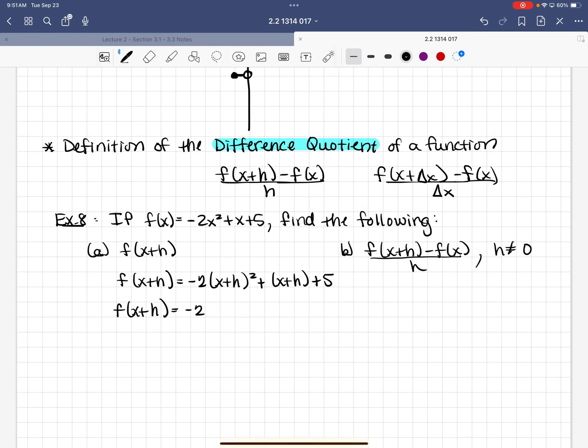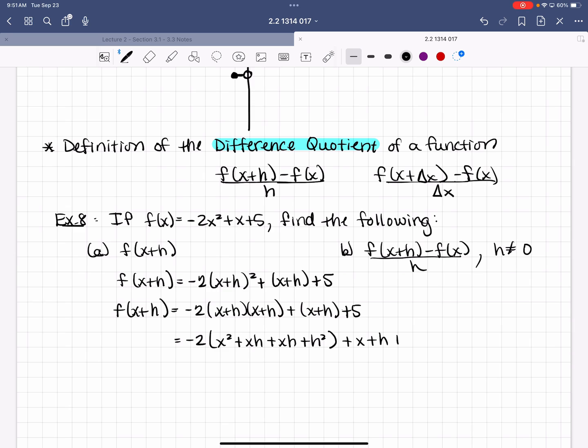So this is negative 2. Remember, this is x plus h times x plus h, plus x plus h plus 5. You've got to FOIL that x plus h times x plus h. That's going to give me negative 2 times x squared plus xh plus xh plus h squared, then plus x plus h plus 5. I just dropped the parentheses on the x plus h.